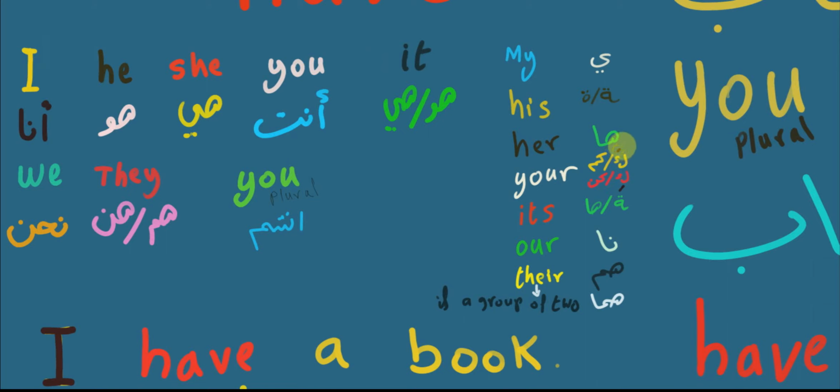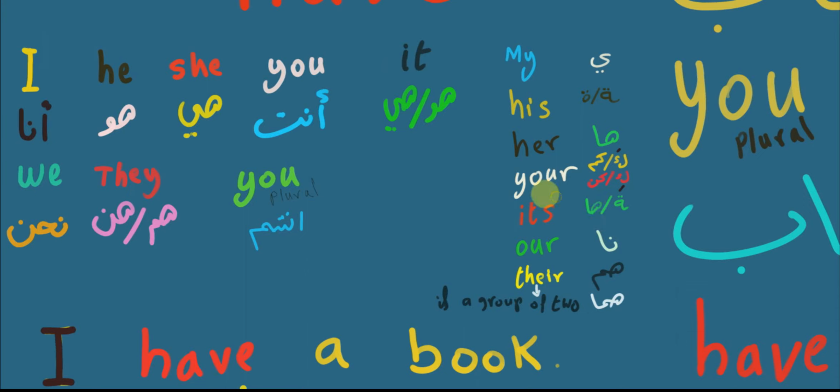It's a short vowel. For second person singular, masculine. Kum, for second person plural, kum. That's exactly like your in English. Ki is for feminine, second person singular feminine, ki. Kun for second person plural feminine.